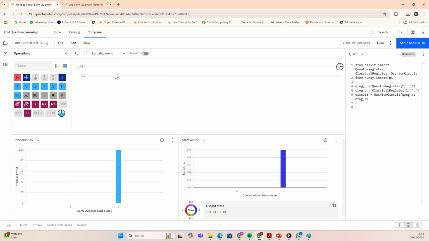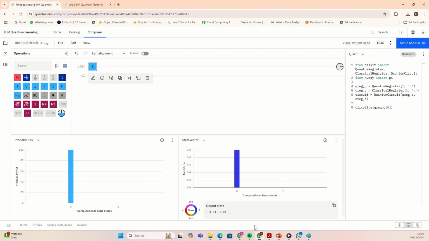Then we will see the S gate. So when I am applying the S gate on |0>, I am getting the answer as 1 0. 1 0 means |0>, right? So I am getting the answer as |0>. Now I want to apply |1> as an input to the S gate.